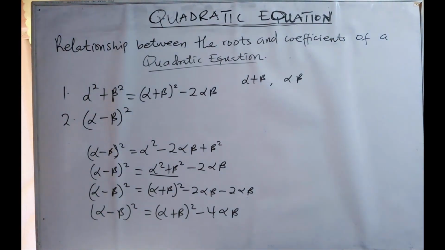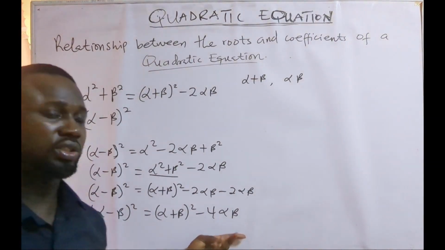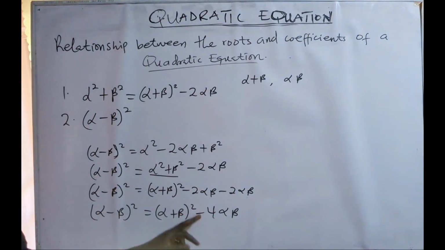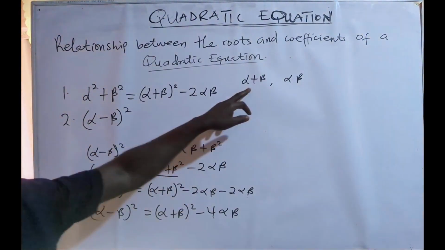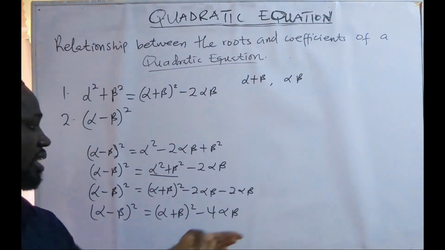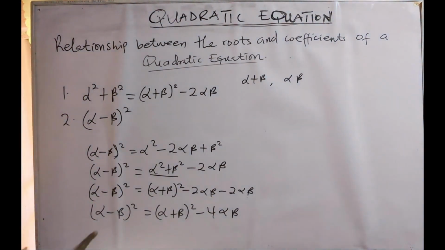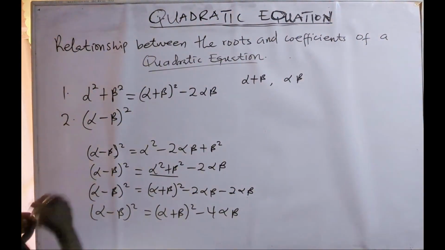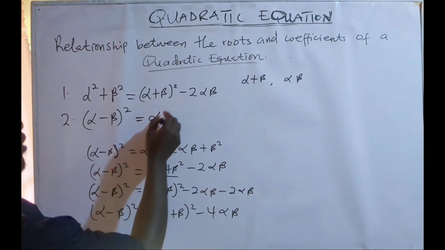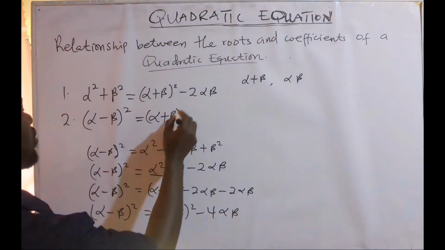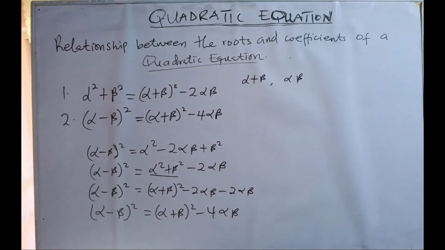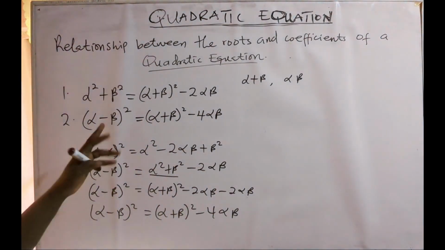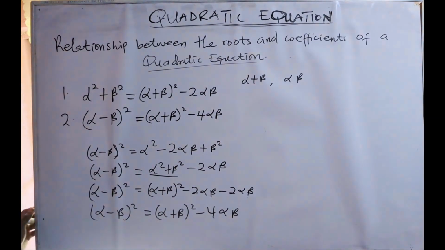So if I'm asked for (alpha minus beta) all squared, this will be the expansion. Then I can get my sum and my product, do the substitution, and solve for the value of (alpha minus beta) all squared, which is (alpha plus beta) all squared minus 4 alpha beta.